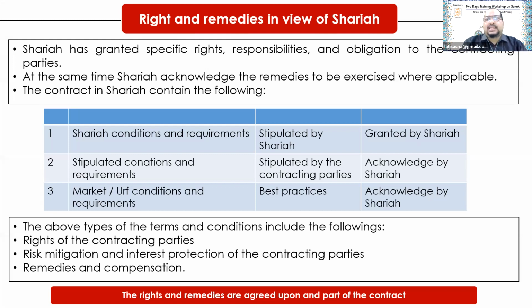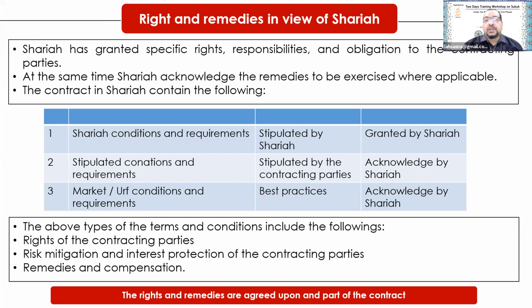This is how the legal firms, the lawyers, the experts in law used to draft this kind of contract. So you follow the trend, as long as there is no violation of Sharia, no issue with that. So at the end of the day, rights and remedies from the Sharia standpoint are taken, number one, from the Sharia, and number two, from whatever is stipulated by the two contracting parties and whatever is agreed by the practice of the market.